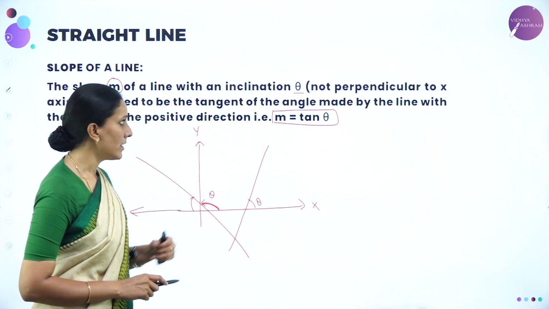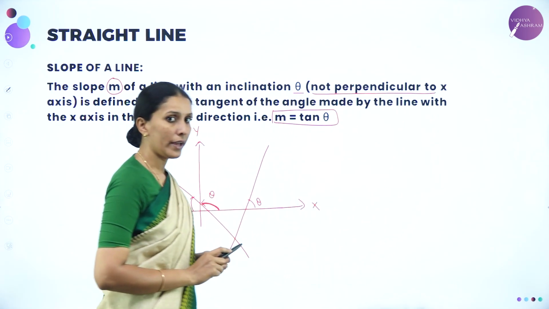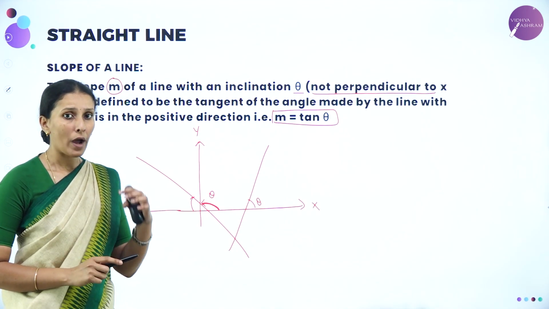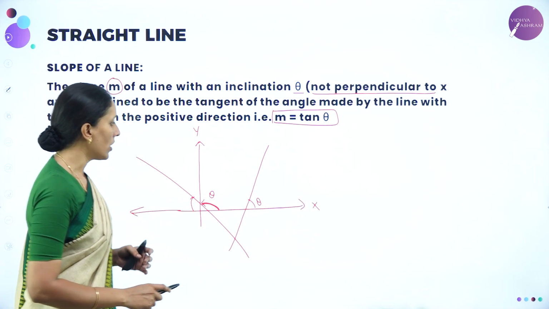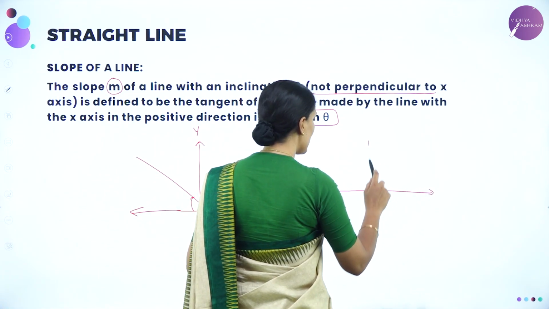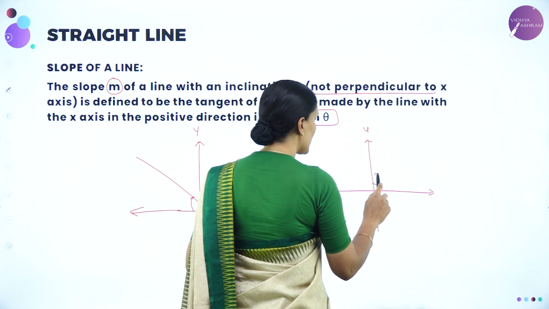Now looking at this, in the bracket they have given not perpendicular to x-axis. Why have they given not perpendicular to x-axis? Why is the slope defined only for non-perpendicular lines? Because consider any line perpendicular to the x-axis; if this is your x-axis, let me consider this as the y-axis. What is the angle between them? It is 90 degrees.